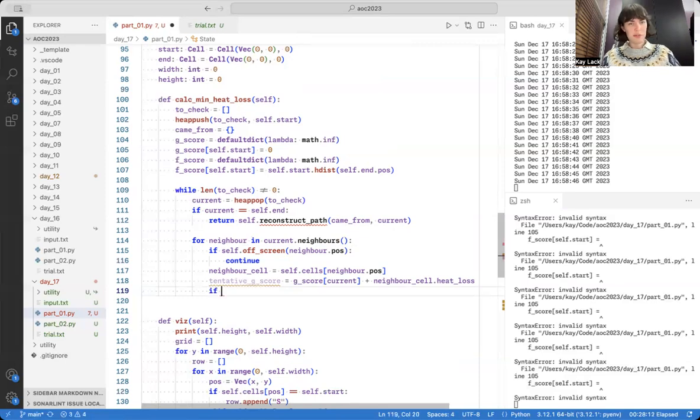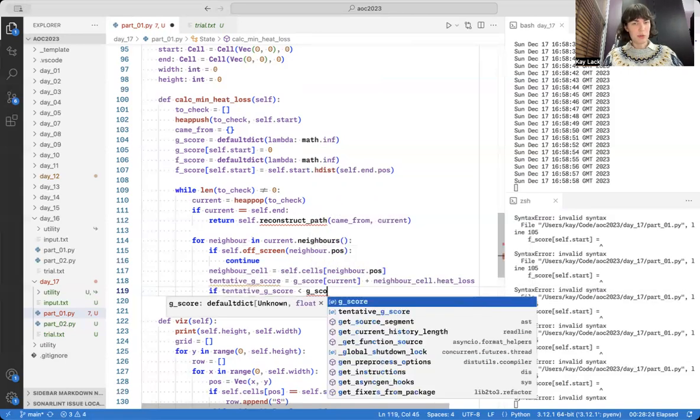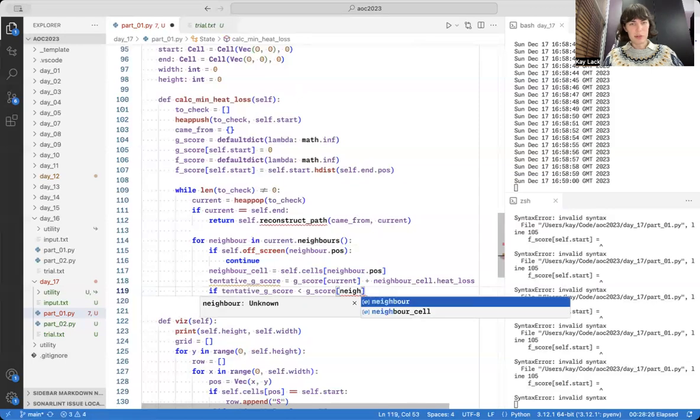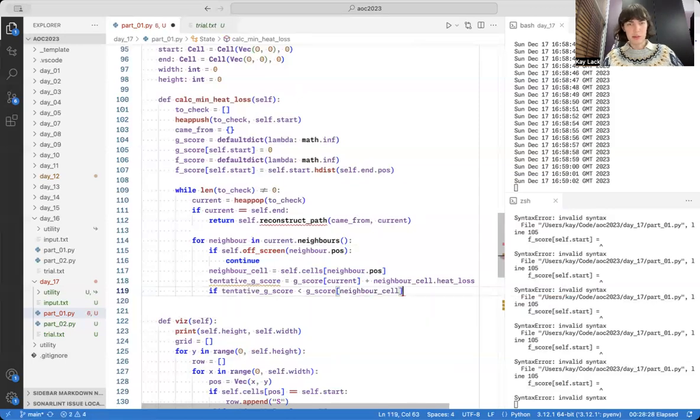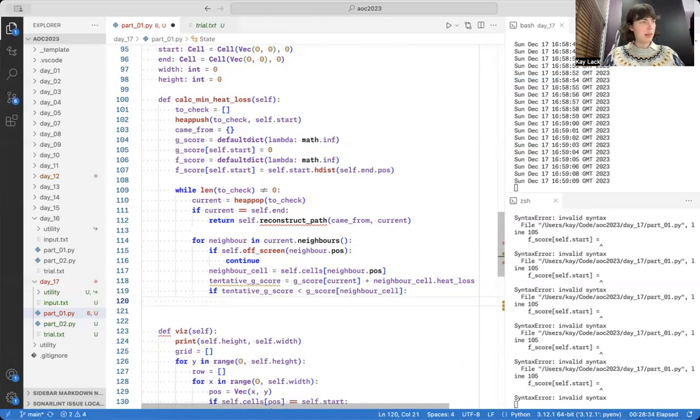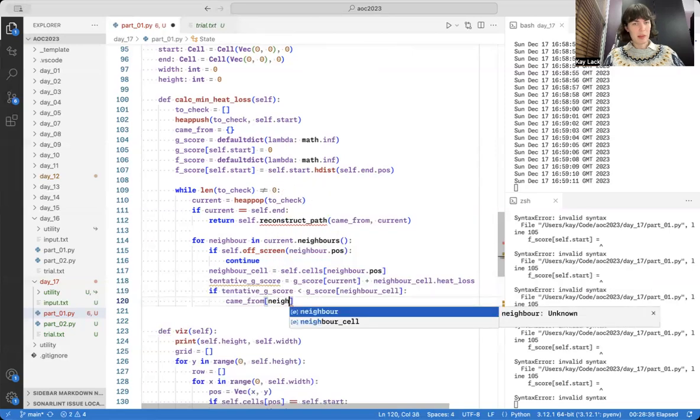Okay, now if tentative G-score is less than the G-score of the neighbor cell, then came from.